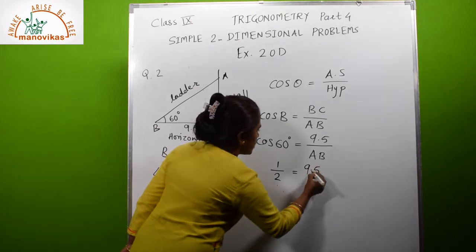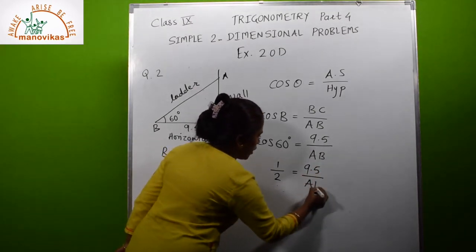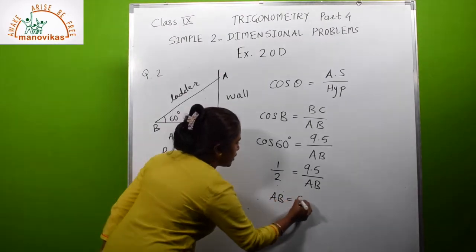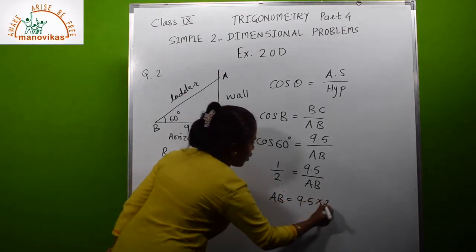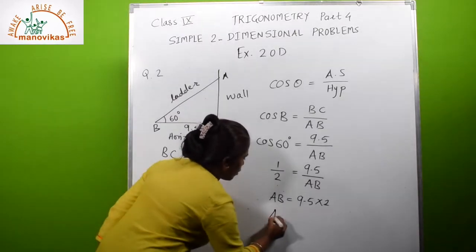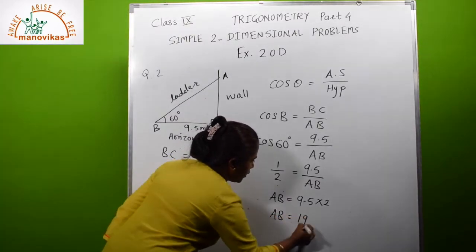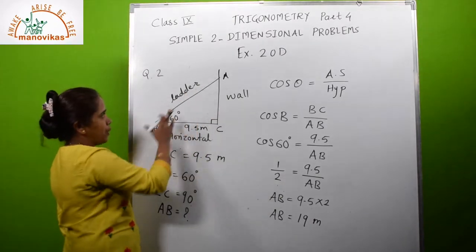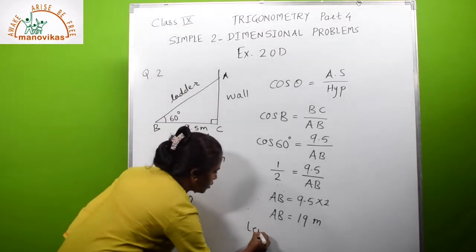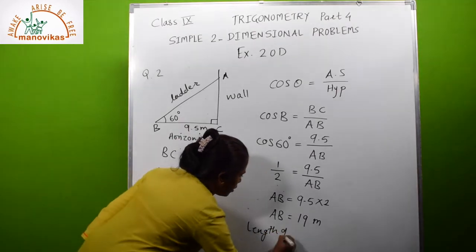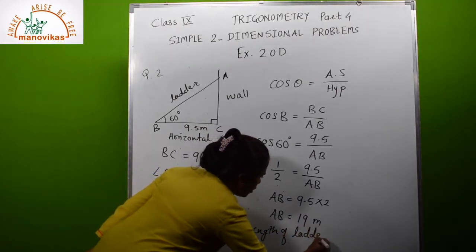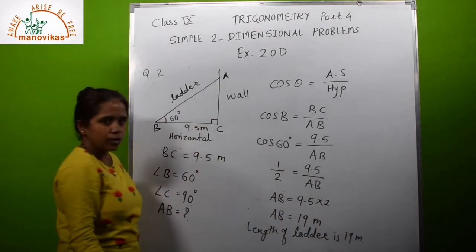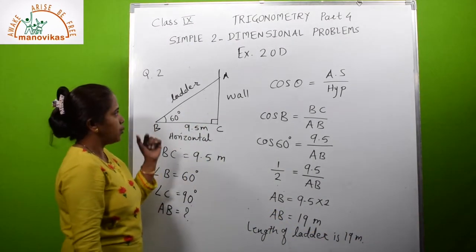So 1 upon 2 is equal to 9.5 upon AB. So AB you can write as 9.5 into 2, or 2 into 9.5. So AB length will be 19 meter. AB is 19, it means the length of the ladder is 19 meter. Understood? This is question number 2.